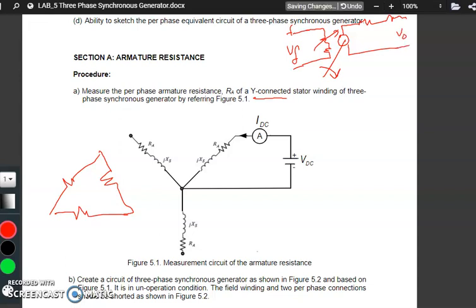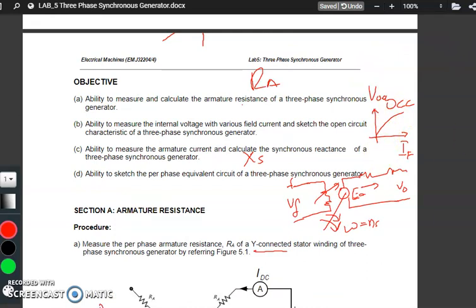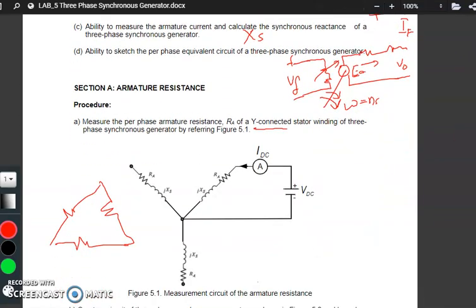When the machine is rotated at synchronous speed, we will produce the internal voltage EA, which then produces the V out to the external terminals. But for the DC test, the rotation is 0.